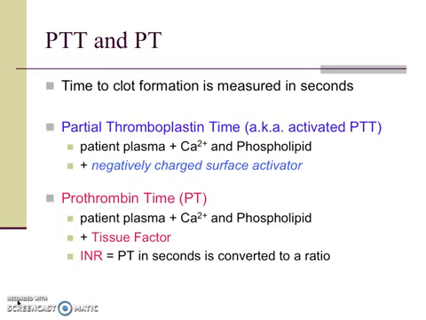The time to convert liquid plasma to solid plasma is measured in seconds and is reported as the prothrombin time or PT. The PT in seconds is also converted to a ratio called the INR, or International Normalization Ratio. The PT and INR results are always reported together. A normal PT and INR result means a normal extrinsic pathway, and that means normal factor 7 level and function.